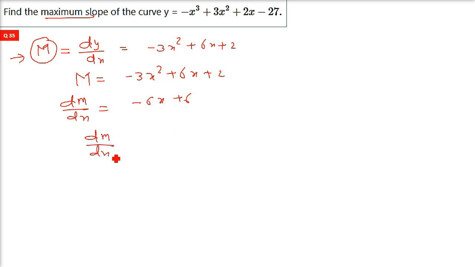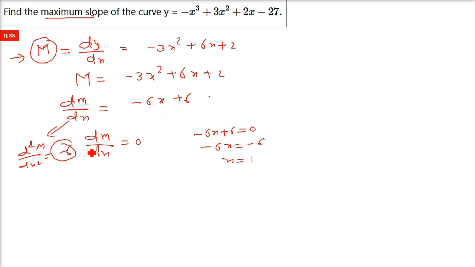So we have negative 6x plus 6, and when we equate it to 0, it will be equal to 1. So x is equal to 1 we got here. So first thing, is it clear to you now? We are not dealing with this original equation. We have to differentiate. That will come to slope, and then we will start our actual things.